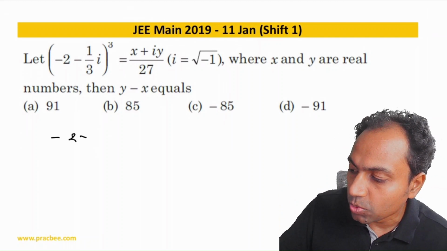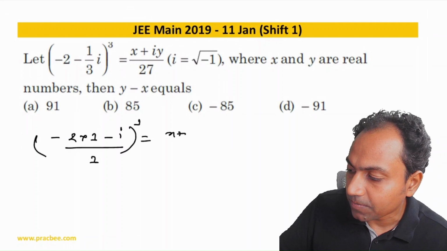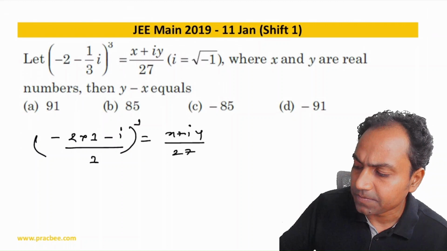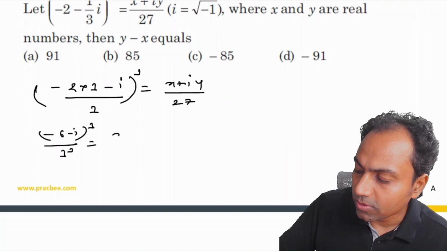So minus 2 into 3 times (minus i by 3) whole cube will be equal to (x plus iy) by 27. And if I simplify this, this is nothing but (minus 6 minus i) whole cube by 3 cube is equal to (x plus iy) by 27.